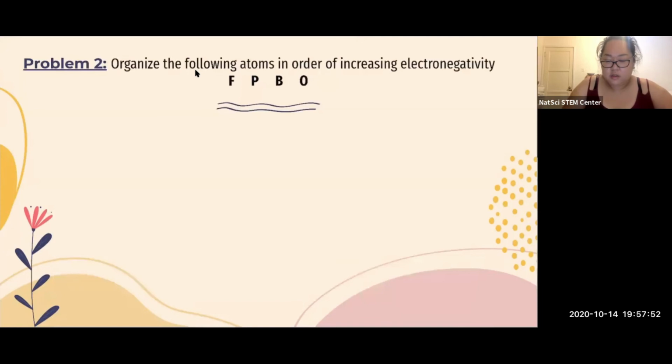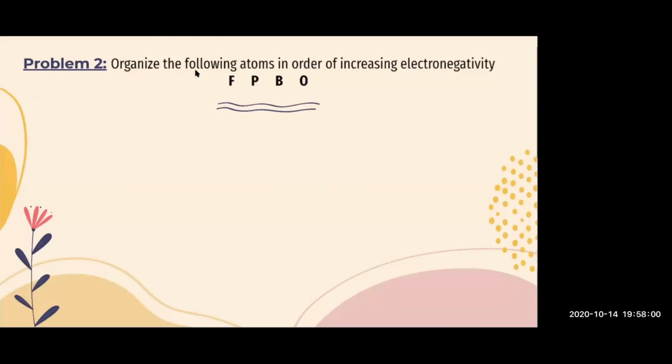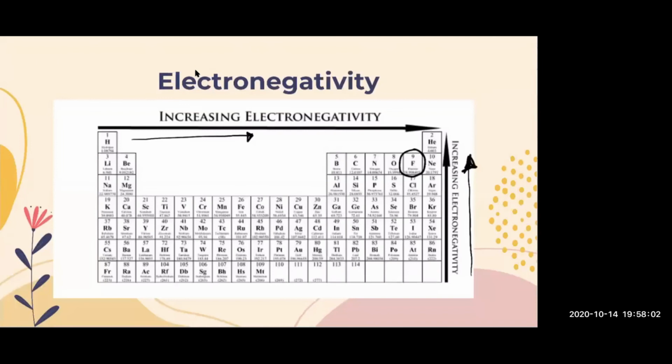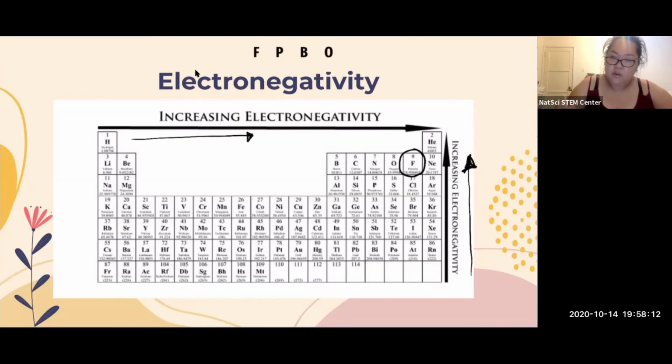So this one is rank them in order of increasing electronegativity. Sorry to interrupt, but I have a question: from the top to the bottom, is it increasing or decreasing?